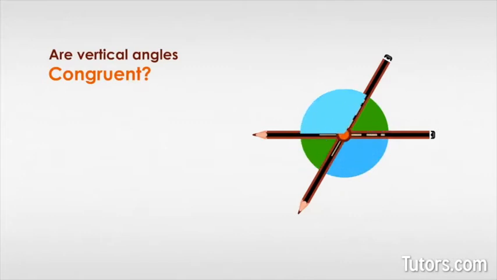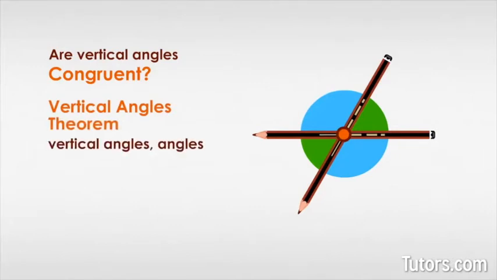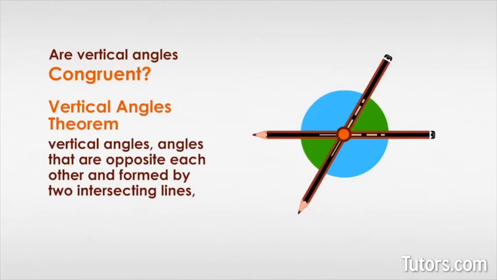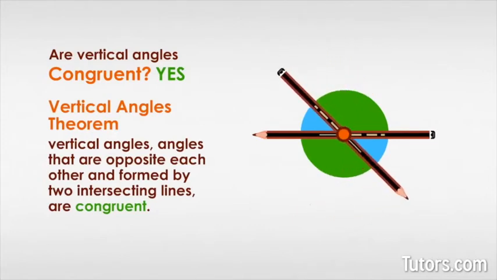They are the same angle reflected across the vertex. Vertical angles theorem states that vertical angles, angles that are opposite each other and formed by 2 intersecting lines, are congruent. So when someone asks, are vertical angles congruent, you already know the answer is yes. According to vertical angles theorem, no matter how the pencils cross or how you draw 2 intersecting lines, vertical angles will always be congruent.